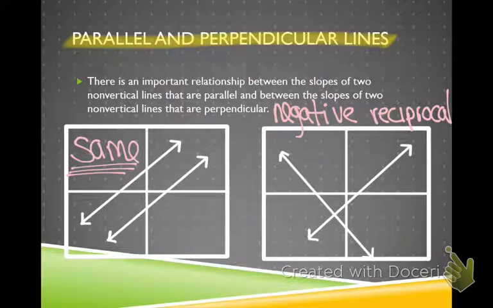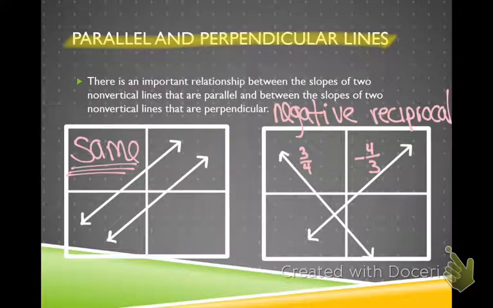What would be the reciprocal of 3/4? 4/3. Okay? So the negative reciprocal means the opposite sign. So if the slope on, let's say, line 1 is 3/4, the slope on line 2 would be 4/3, and then it's the opposite sign.